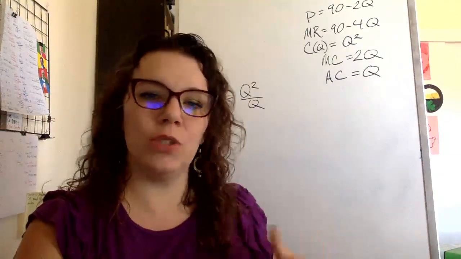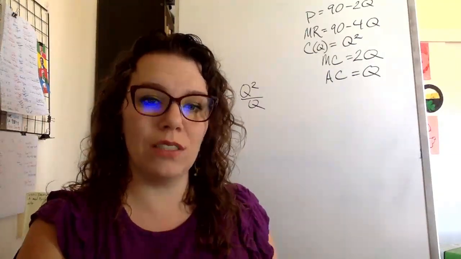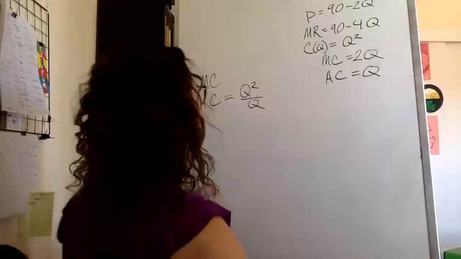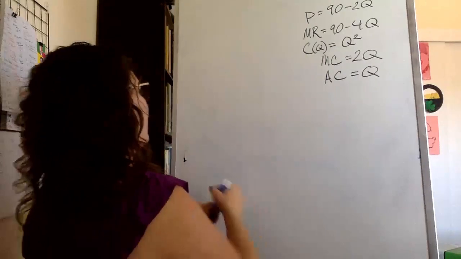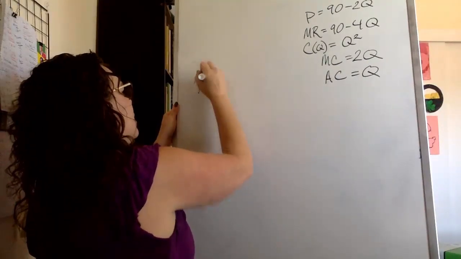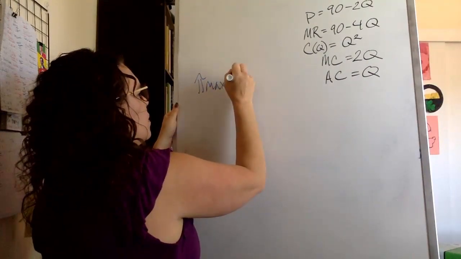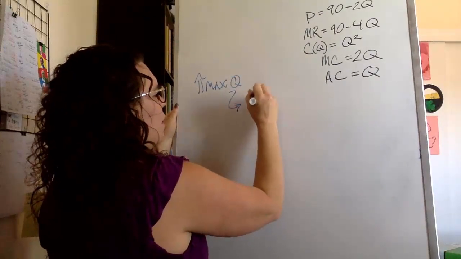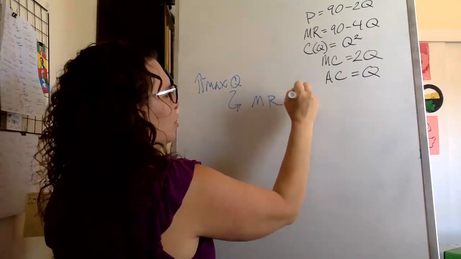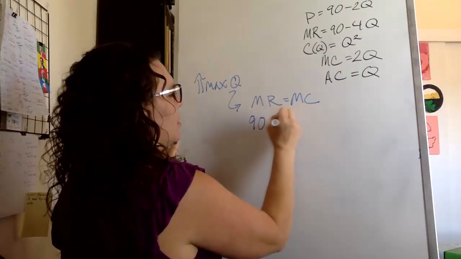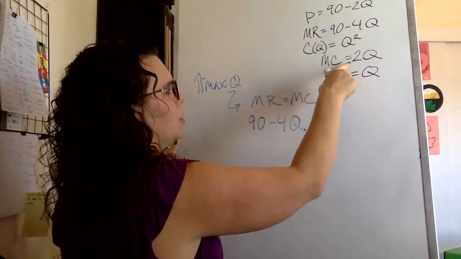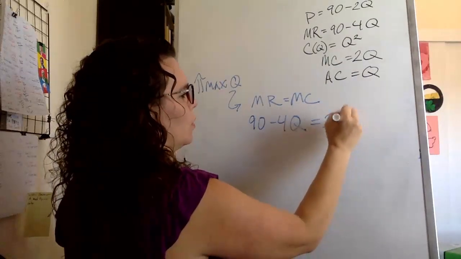And now what we want to do is determine the profit maximizing quantity and the price that a monopolist will choose. So if we want to find the profit maximizing quantity, we need to set marginal revenue equal to marginal cost. We have marginal revenue is 90 minus 4Q. Marginal cost is 2Q.